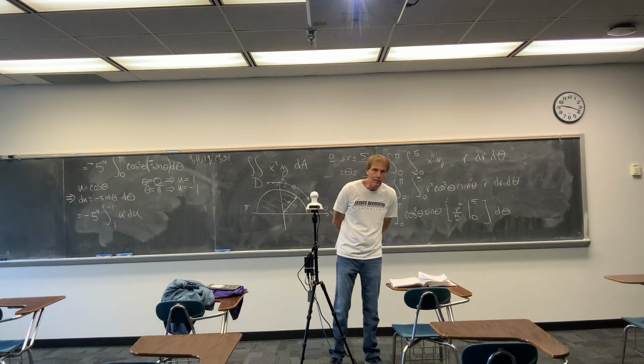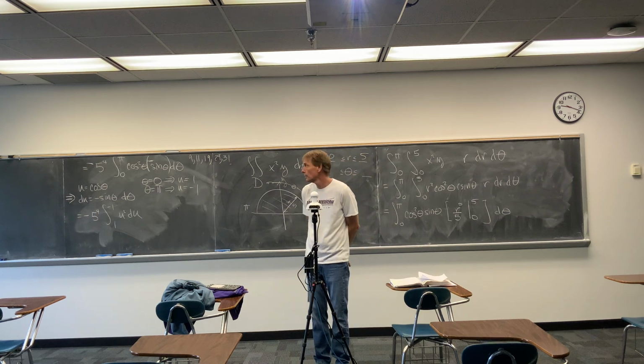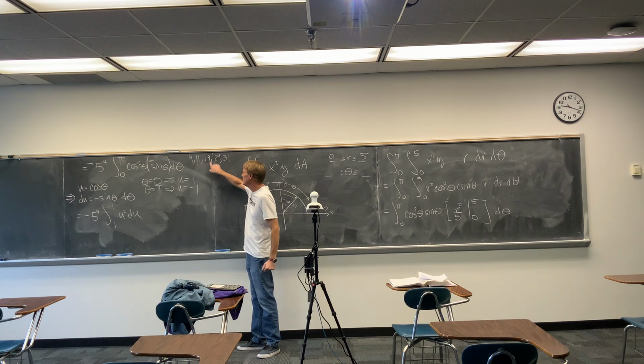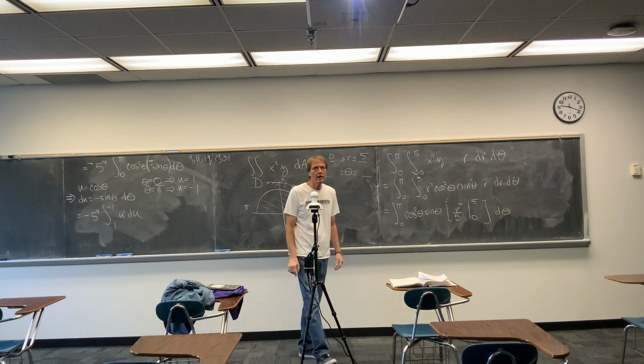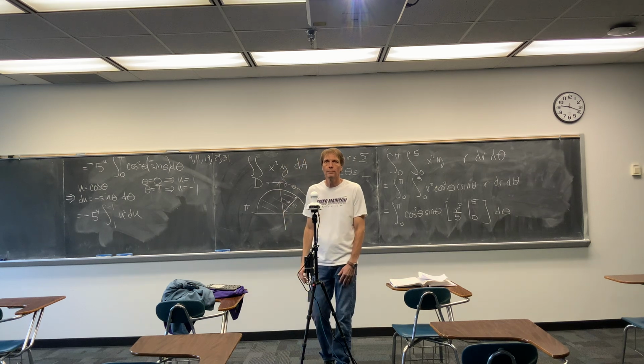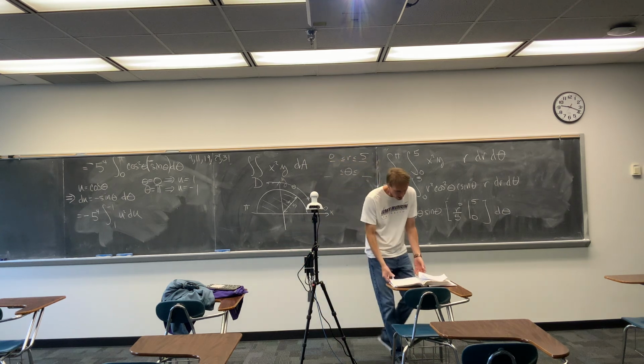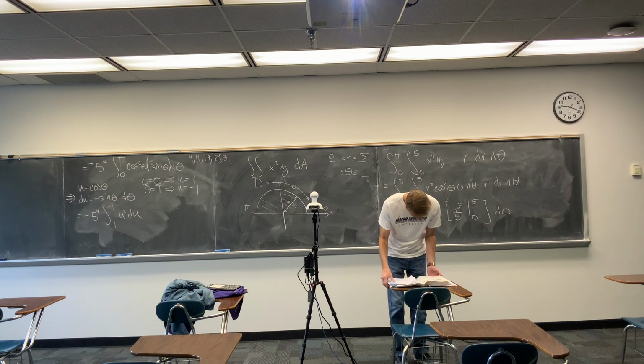Okay, so now let's do one of your homework problems. We've got 9, 11, 19, 29, and 31. Why don't you guys try to do problem number 11? And I'll read 11 to you.